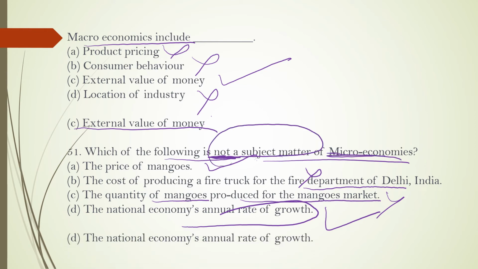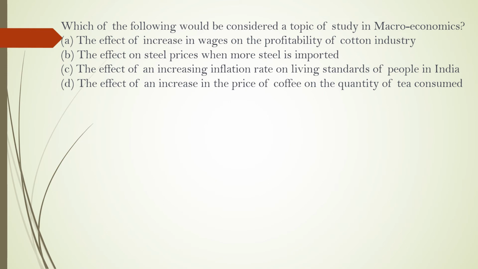Economics. Right answer is national economy's annual rate of growth. Which of the following would be considered a topic of study in macroeconomics? Effect of increase in wages on the profitability of cotton industry? No. The effect of steel price when more steel is imported?